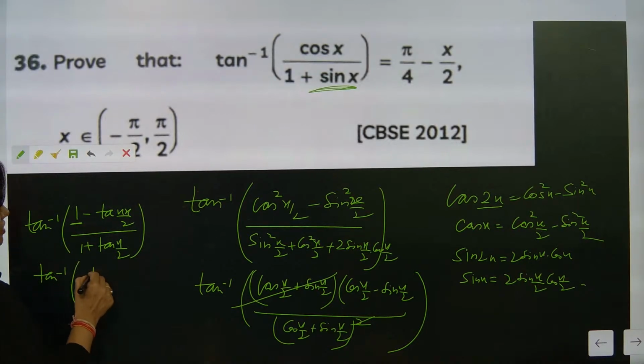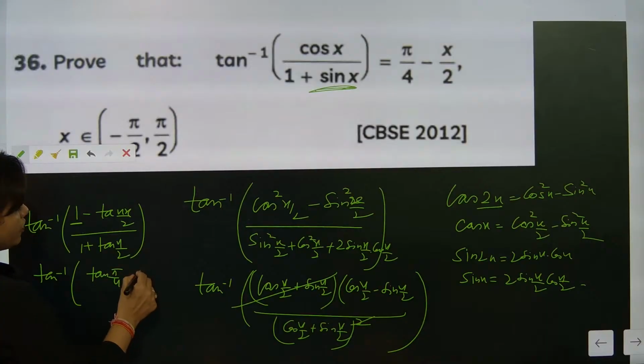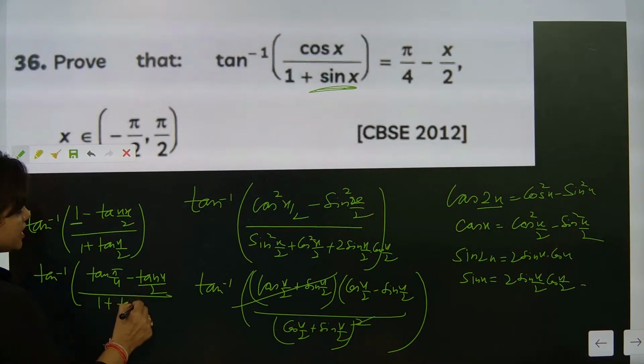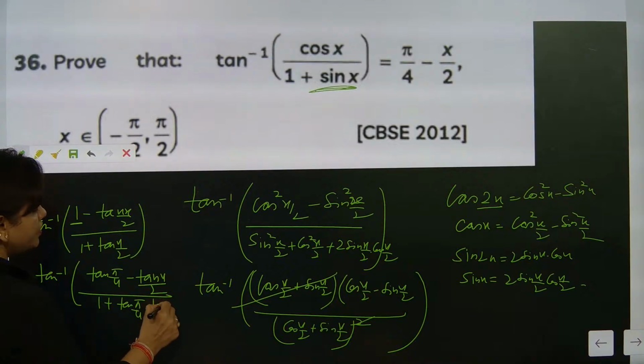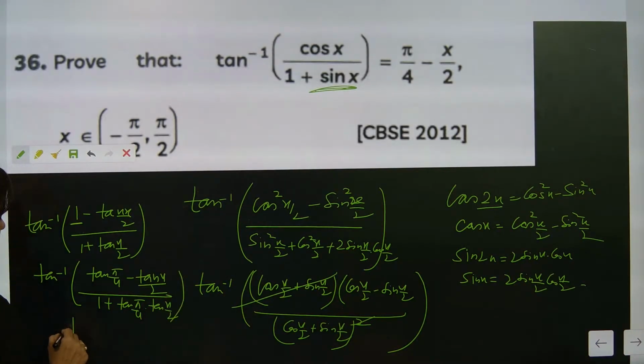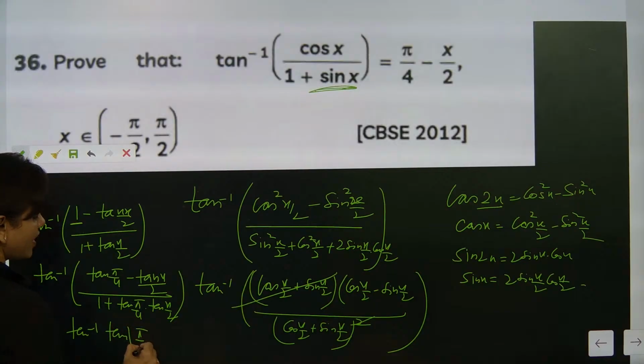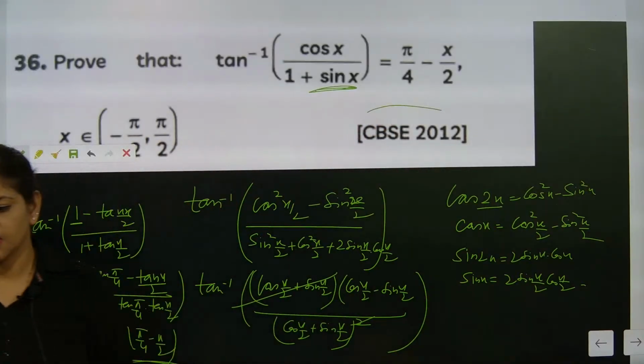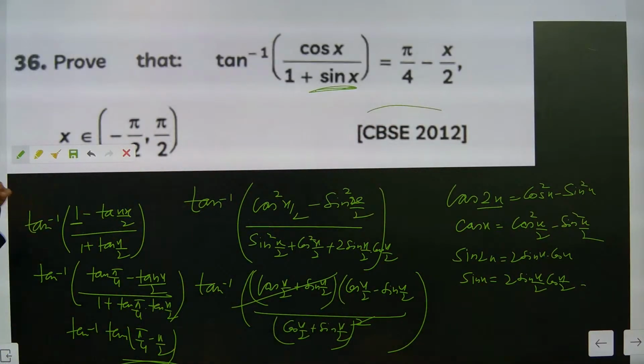So tan inverse of tan pi by 4 minus tan x by 2 over 1 plus tan pi by 4 into tan x by 2, which will become tan inverse tan of pi by 4 minus x by 2. The answer is pi by 4 minus x by 2. Proved in one shot. Please note this down. We have covered the entire section of inverse trigonometry, not one part left.